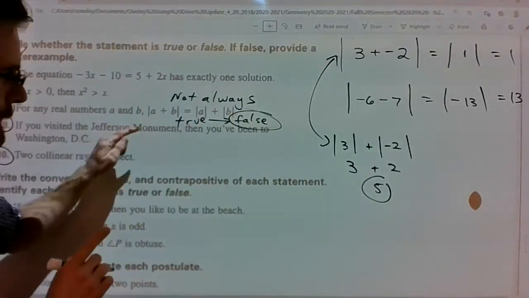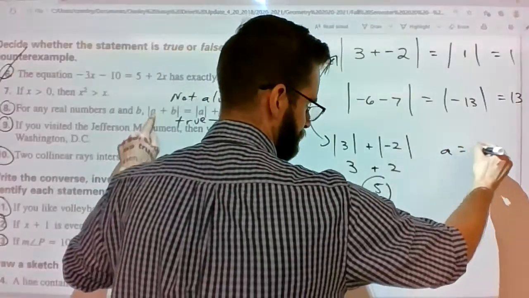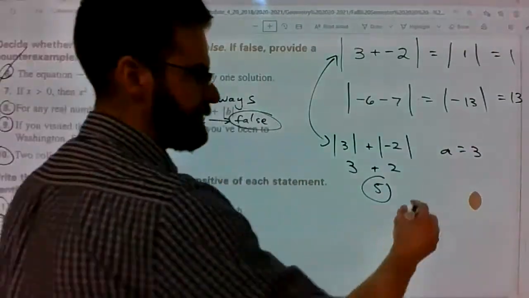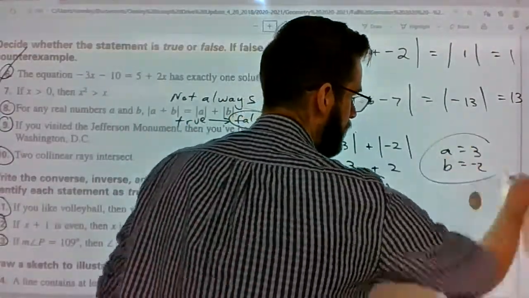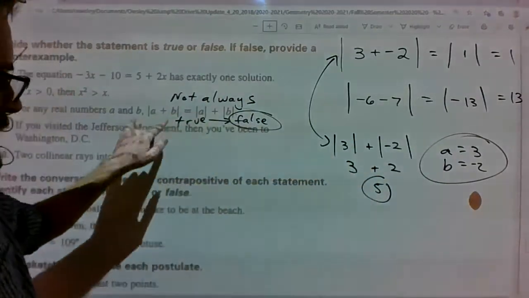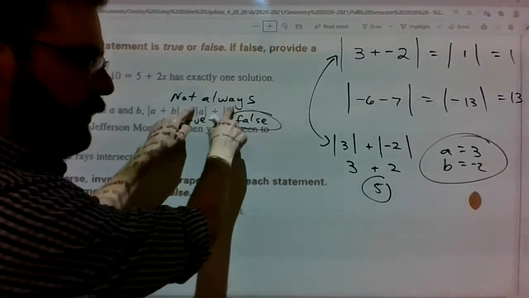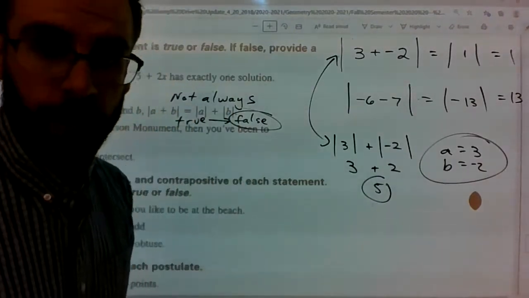And my counterexample is let A equal 3 and let B equal negative 2. If A equals 3 and B equals negative 2, then doing the left-hand side of the equation gives me 1. Doing the right-hand side of the equation gives me 5. So it's not always true.